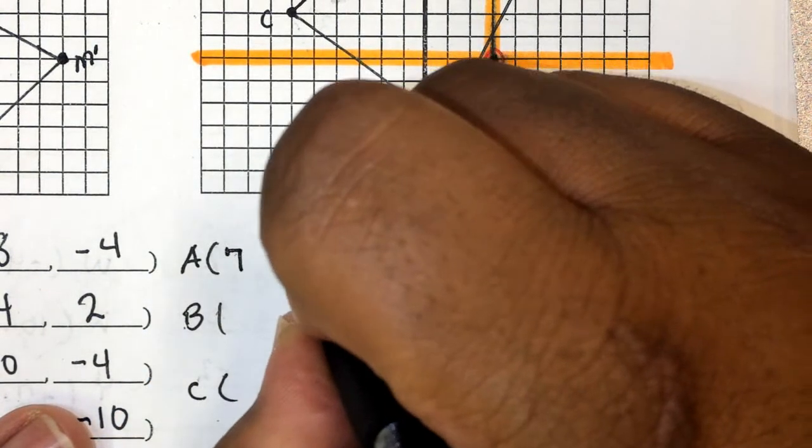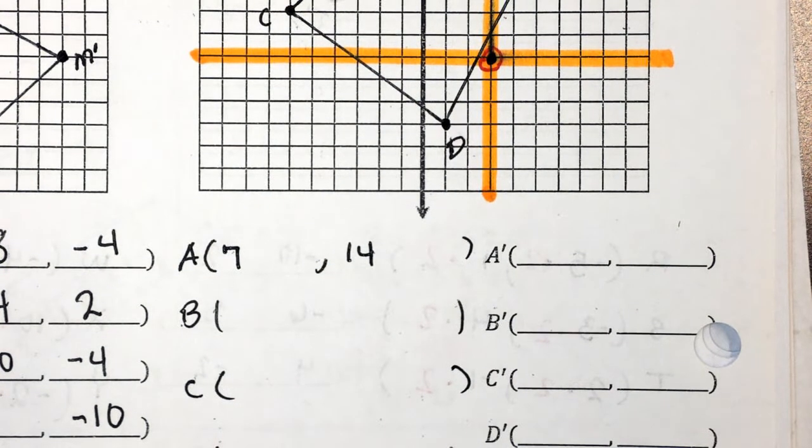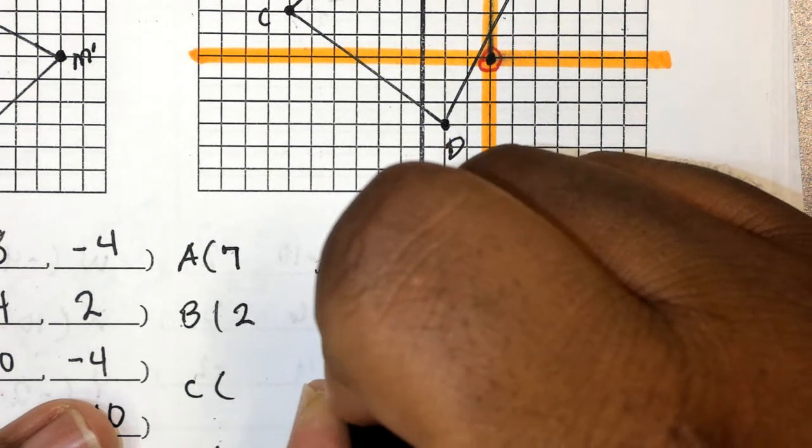I think I want him to do this one, y'all. Give me B. Two and what? 12. Yeah. 2 and 12. I'm going to do C now.